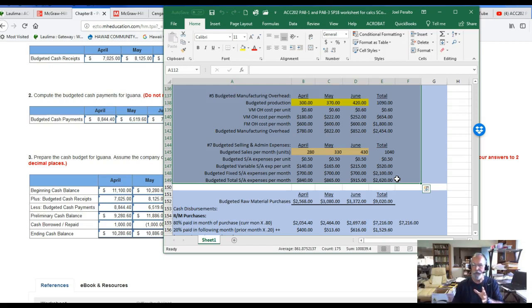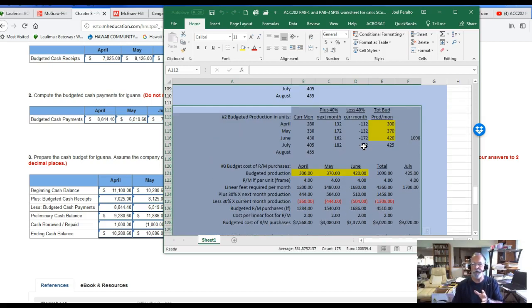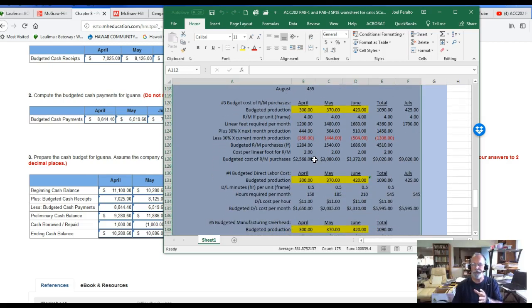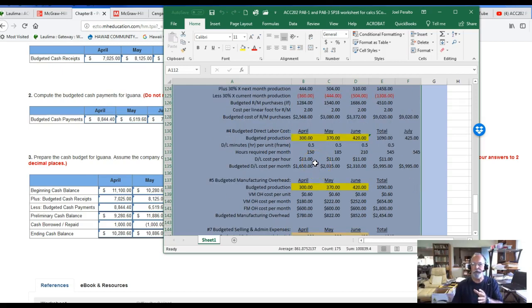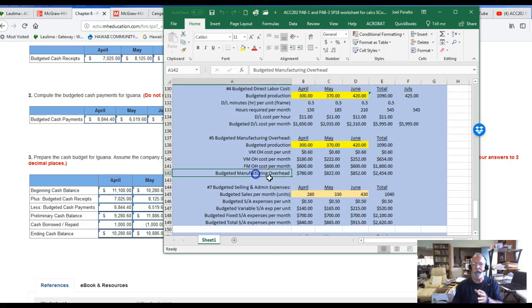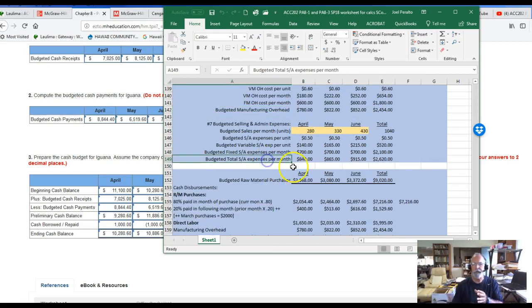Okay, I want to repeat that. We need to repeat the calculations in these areas: budgeted production, budgeted cost of raw material purchases, budgeted cost of direct labor, budgeted manufacturing overhead, and budgeted selling and administrative expenses.